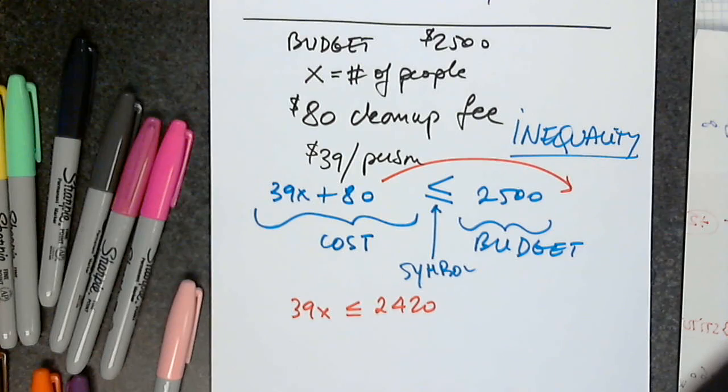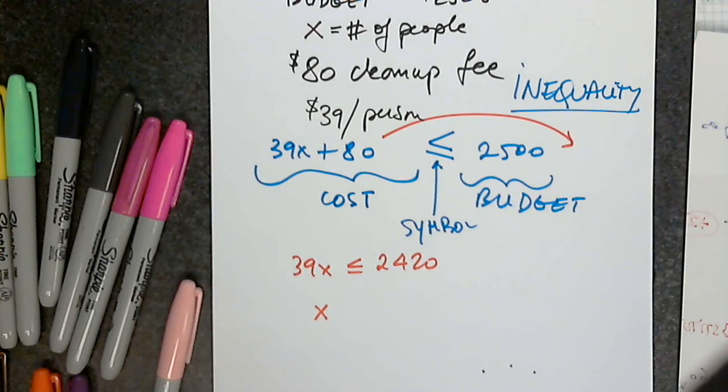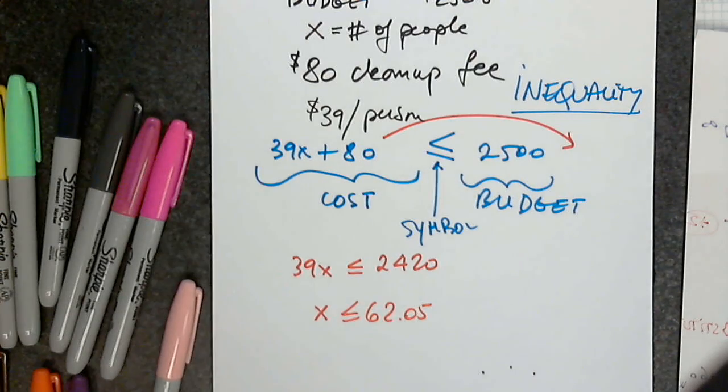Next step, and the final step towards solving for x. Yes. So I divide 2420 by 39, and I get 62.05.